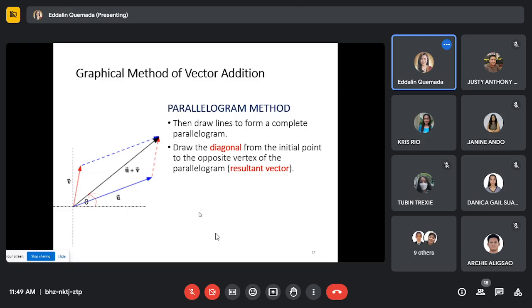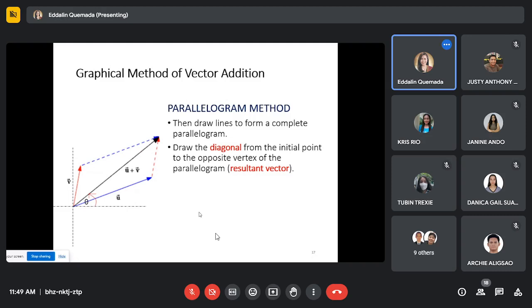If we illustrate the given vectors, the first vector is 95 kilometers towards east, the one in blue, and another vector directed north with a magnitude of 55 kilometers. You're asked to find the value of the resultant displacement.